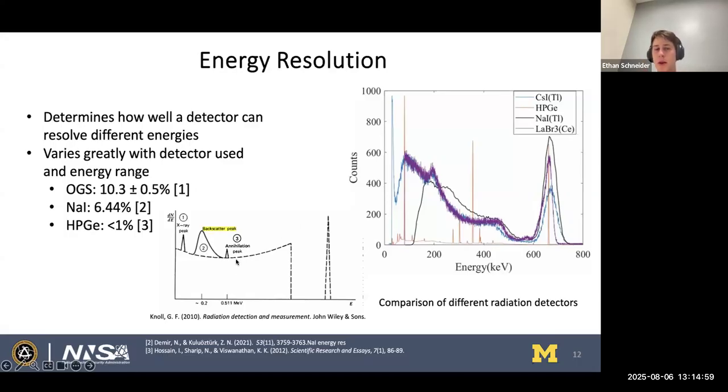We do not have an annihilation peak within this measurement because it doesn't have high enough energy. You can see some X-ray peaks at the very bottom. So this energy resolution will vary greatly by the detector that we're using. Organics themselves have around 10% energy resolution, as opposed to sodium iodide, which has a greater energy resolution, and significantly greater resolution is through high purity germanium detectors, which are less than 1%.